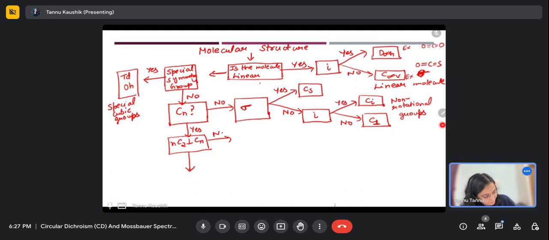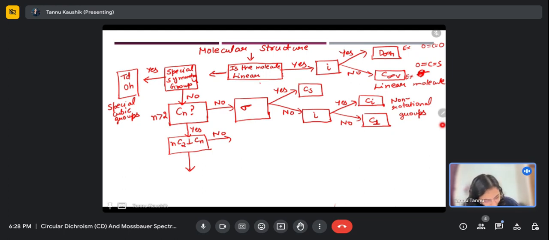If no, for example, if we have a C3 axis, there is one condition: this principal axis must be n greater than 2, that is, it should be C3, C4, C5, C6. If it is, for example, C3, then it will have 3 C2 perpendicular to that principal axis, or it will not have any C2 perpendicular to it. Either it will have one, or it will have corresponding n C2 perpendicular to that principal axis.